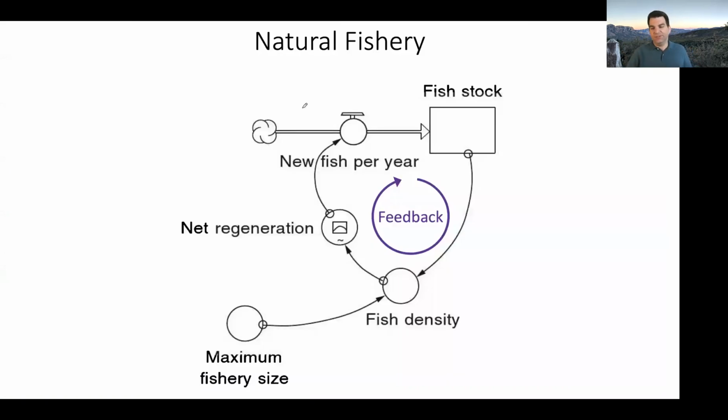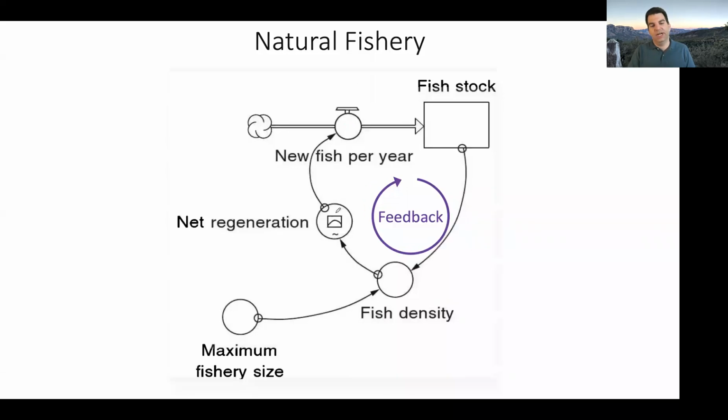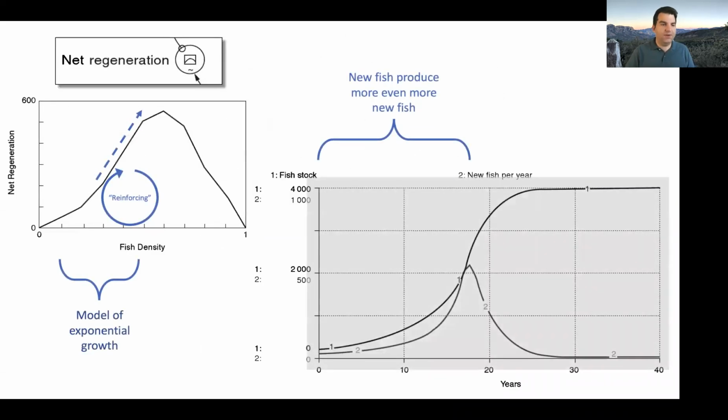Natural fishery, we've seen this fishery here. This is our standard fishery with no harvesting: there's fish in this stock and they generate new fish here. And there is a lookup table which governs whether we're going to get a reinforcing feedback. For all fish densities less than this peak density, we get reinforcing growth.